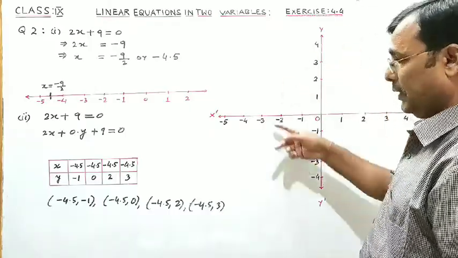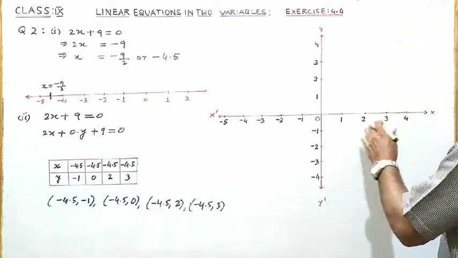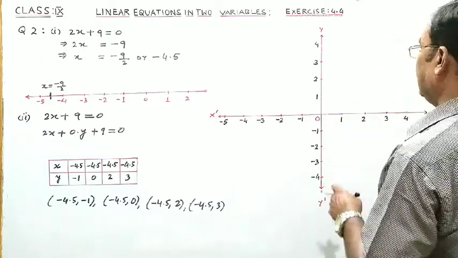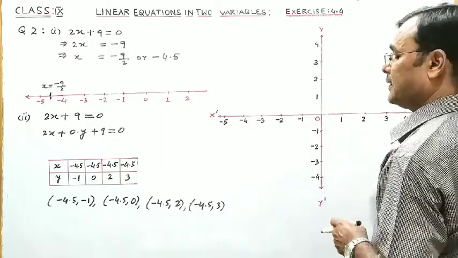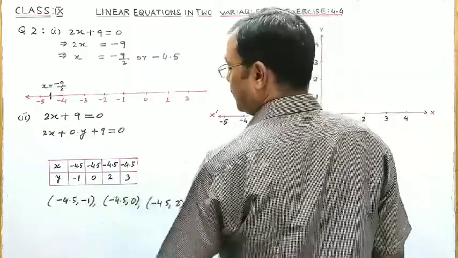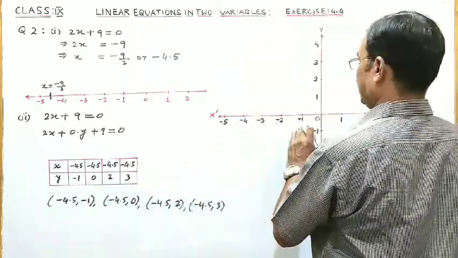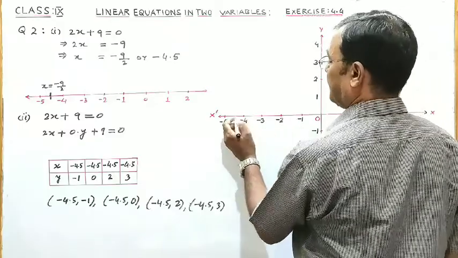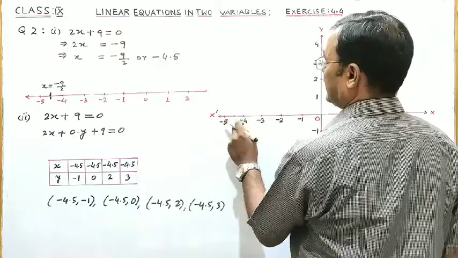So let us plot these points on this graph paper where coordinate axes are drawn and points are marked on both the axes. First point is minus 4.5 comma minus 1. So let us find first minus 4.5 on the x-axis.